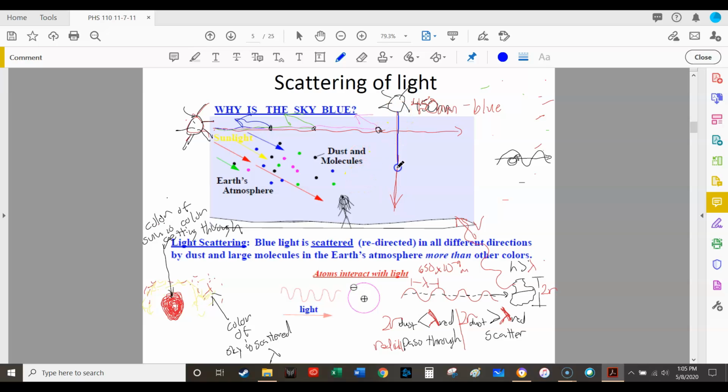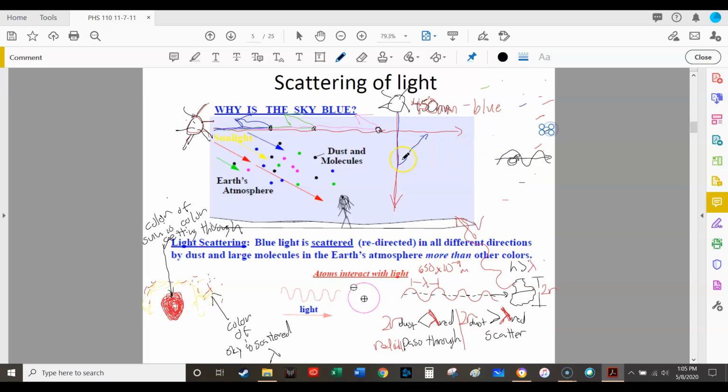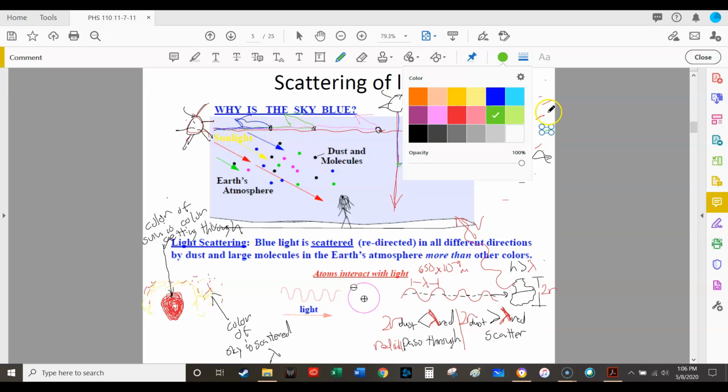Blue went that far, which is the same distance. Okay, but then it finally hits a particle of light, a dust particle or ice particle, and then it bounces back out, right? Green makes it all the way through, right?